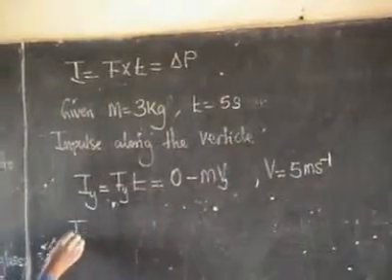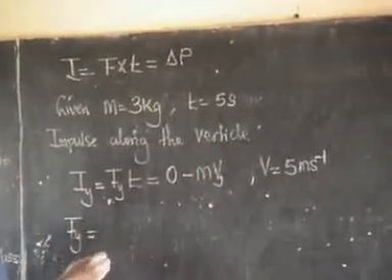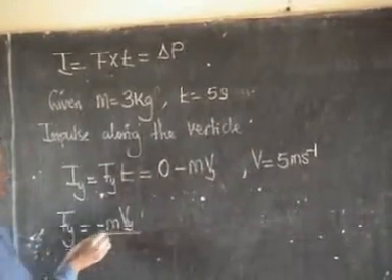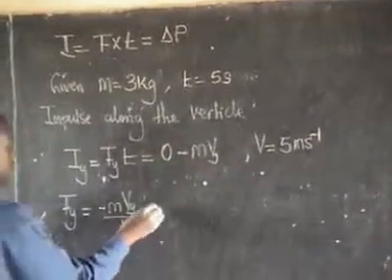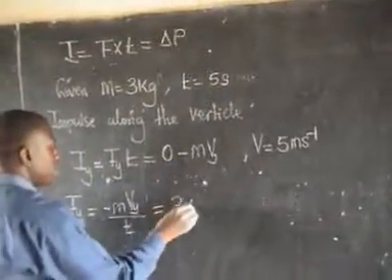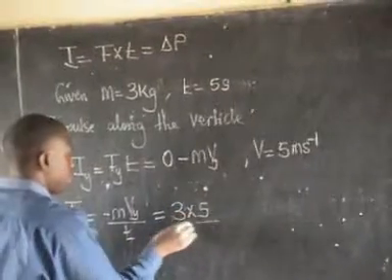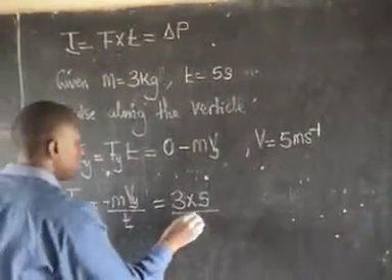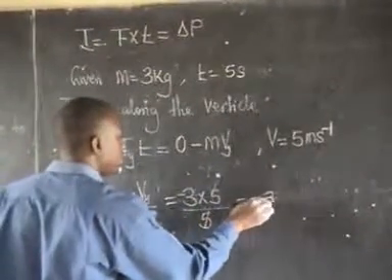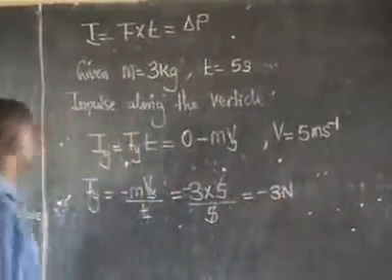So Fy is equal to negative m vy divided by t. Our mass is 3 times 5 divided by the time, which is 5, not forgetting the negative. So we shall get negative 3 newtons.